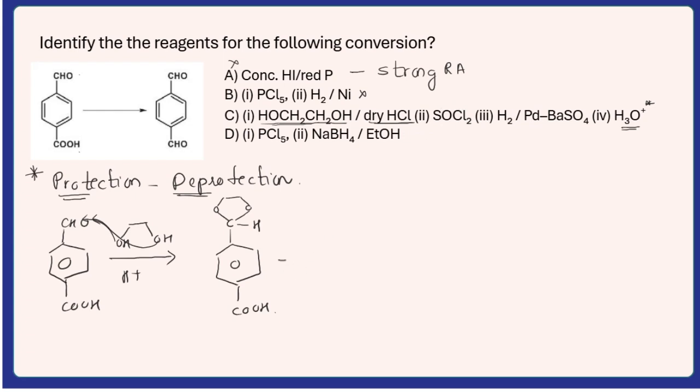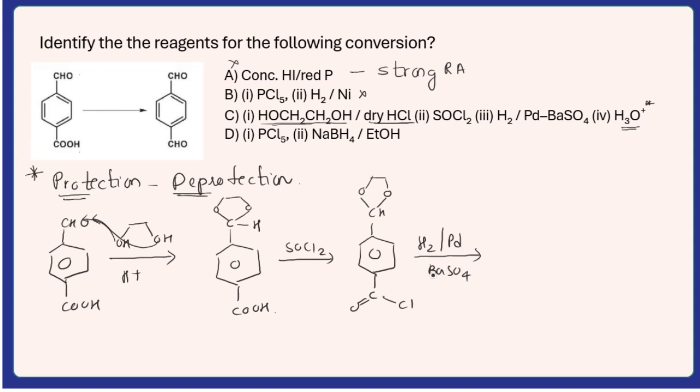Now let's treat this with thionyl chloride. Thionyl chloride is a very common reagent to convert the carboxylic acid to acid chloride like this. So now you can see that our aldehyde is protected. No reaction is happening here, right? And then H2 with palladium on barium sulfate.